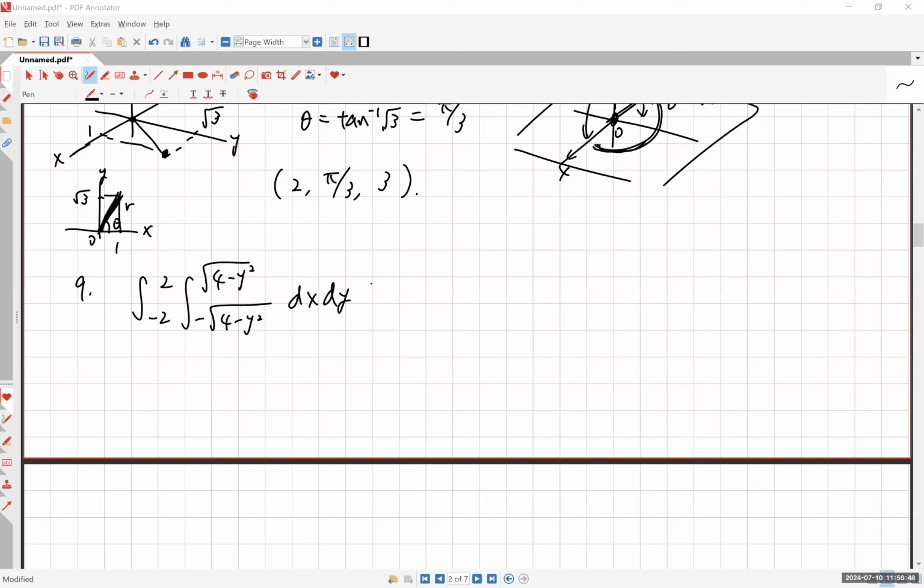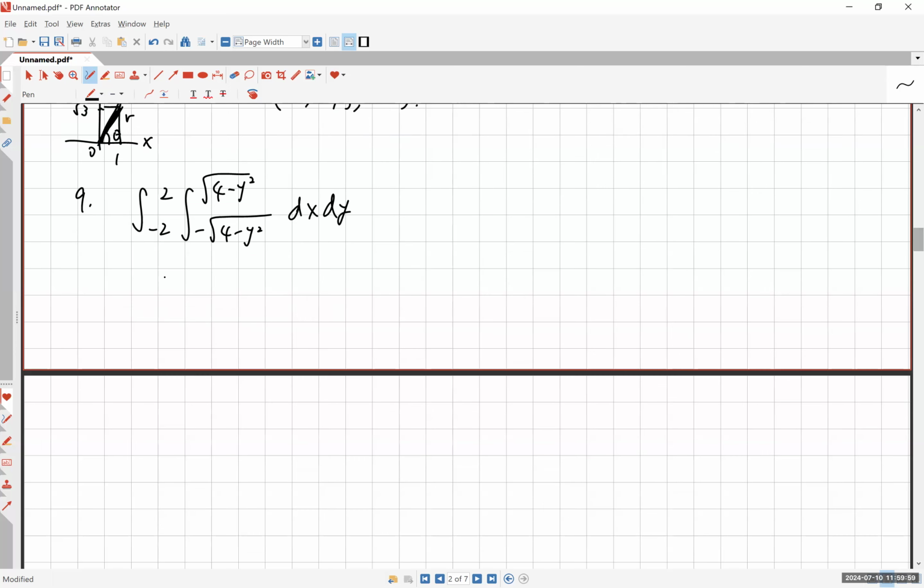All right, number 9. The question is to sketch the region whose area is expressed by this integral. Notice here it's in the form dx dy, and from these bounds you can see that y goes from -2 to +2, and for each y, x goes from negative square root of 4 minus y squared to positive square root of 4 minus y squared.